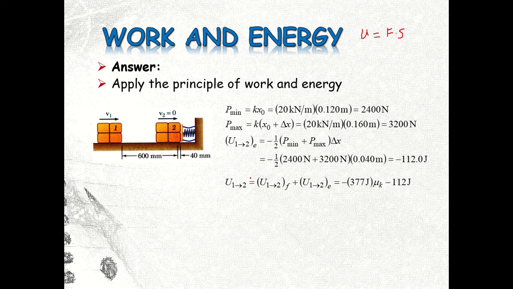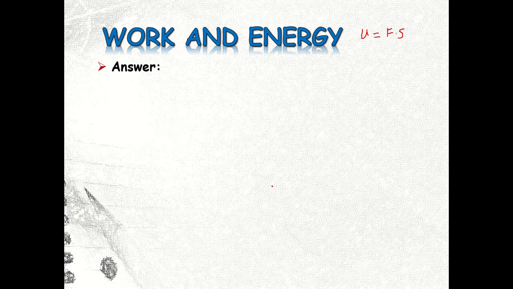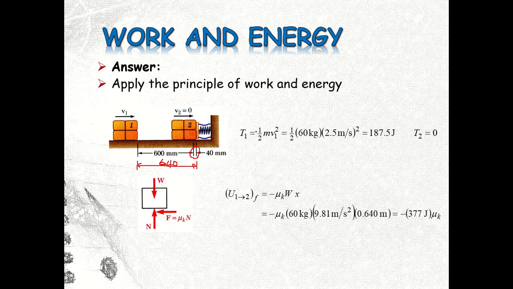Now to find the work, this is the sum of these two works. When we solve for T1 from here, we got this value, U, or work from 1 to 2 subscript F. This is the product of coefficient of friction and the weight multiplied by X. So we get this, right?